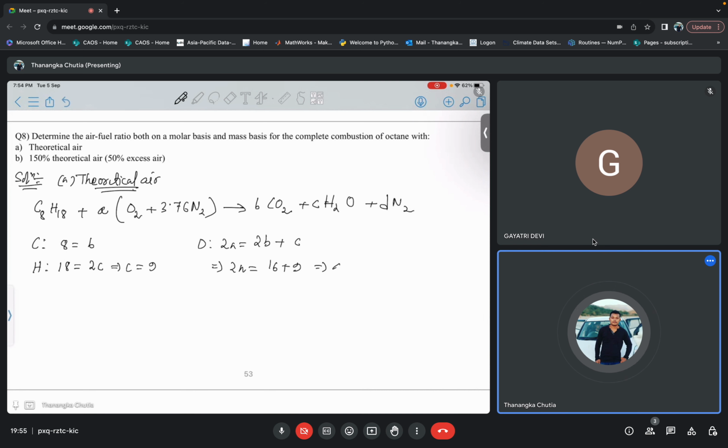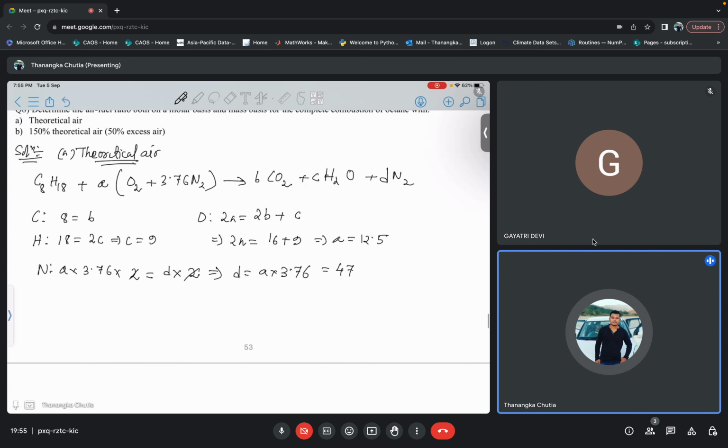So from here A is equal to 12.5. And balancing for nitrogen, we get A into 3.76 into 2 is equal to D into 2. The 2 got cancelled out, so that means D is equal to A into 3.76, A is equal to 12.5. You put this, you'll get this one as 47.